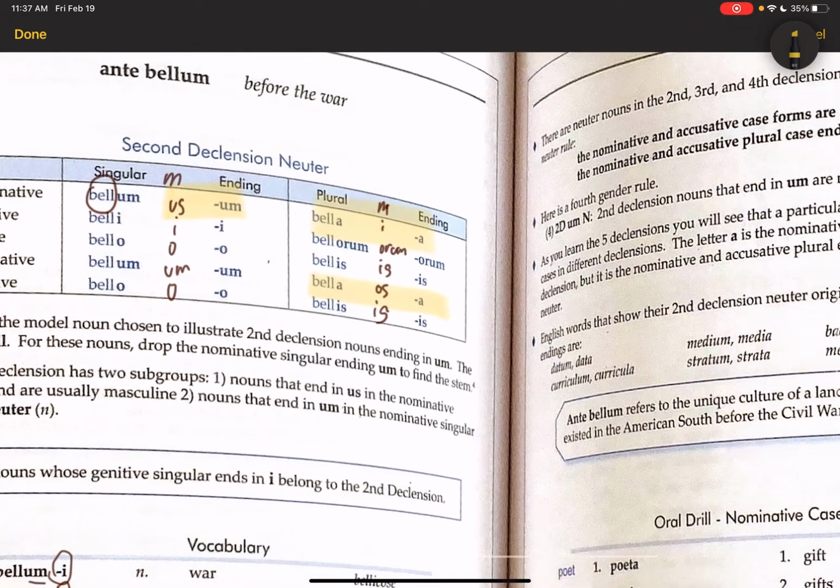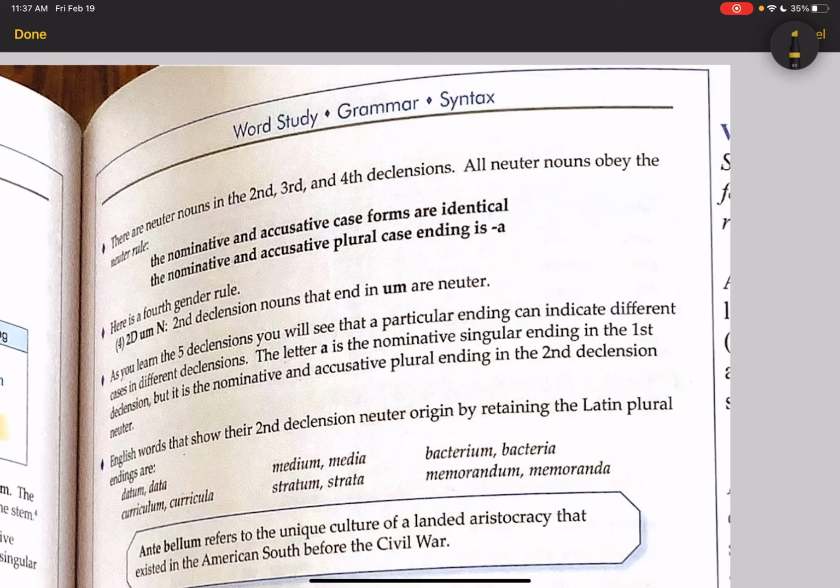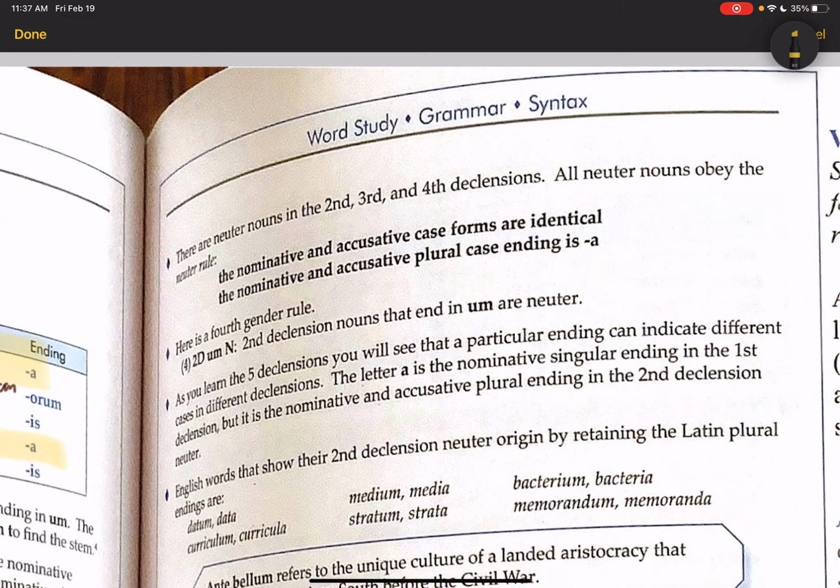Now, there's a rule about the neuter words, and let's look at them. Okay, all neuter nouns have to obey the neuter rule. The neuter rule says that nominative and accusative case forms are identical, and the nominative and accusative plural case endings are a.